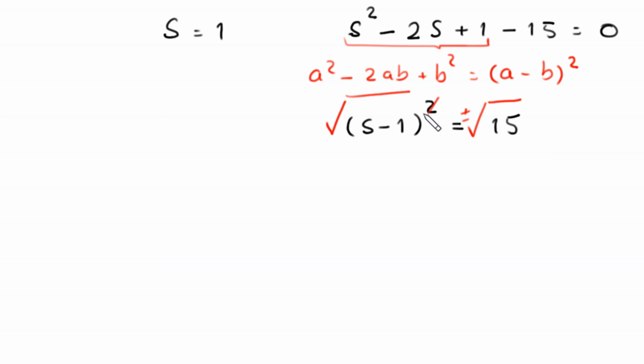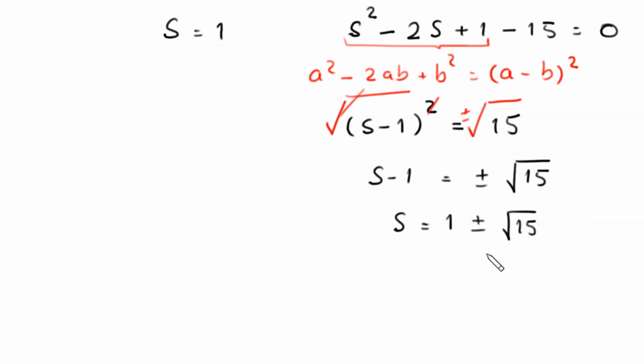So this square will be cancelled out with this square root, and at left hand side we are left with s minus 1 equal to plus minus root 15. Move this negative 1 to the right hand side. This will become s is equal to 1 plus minus root 15. It means that s is equal to 1 plus root 15, and s is equal to 1 minus root 15.